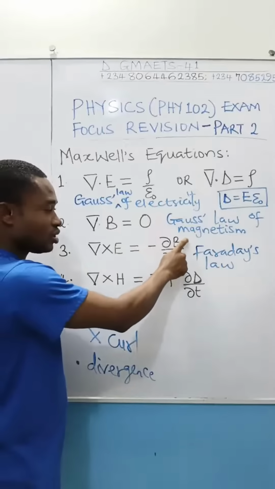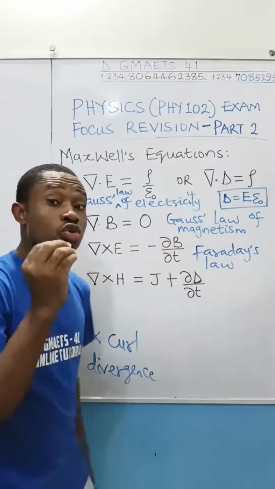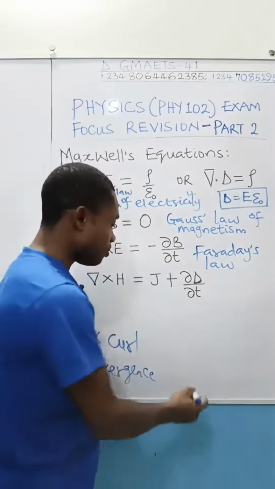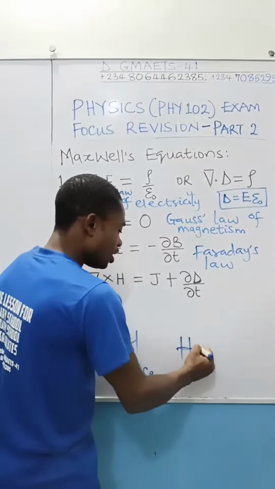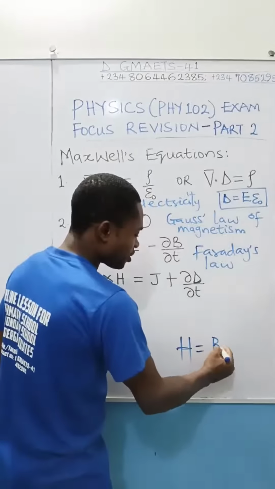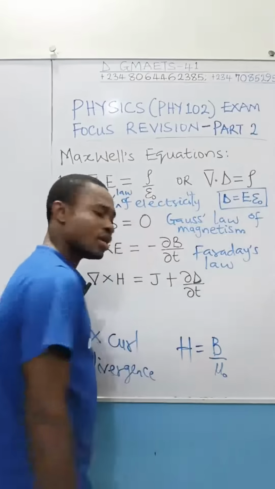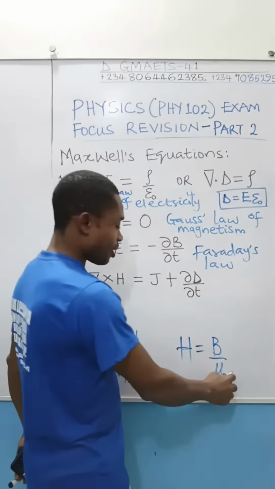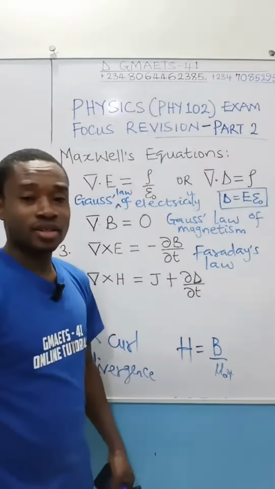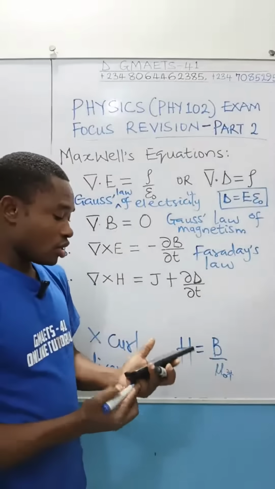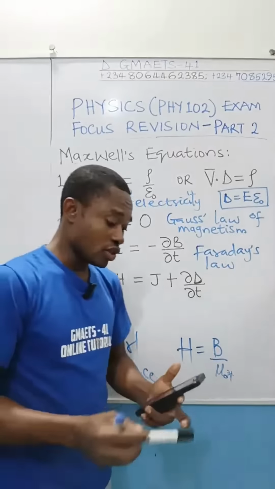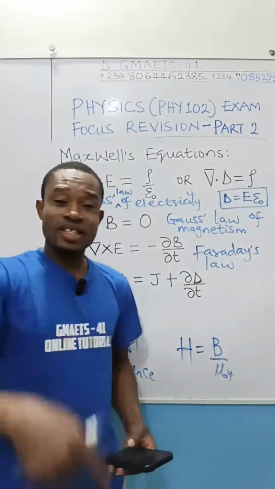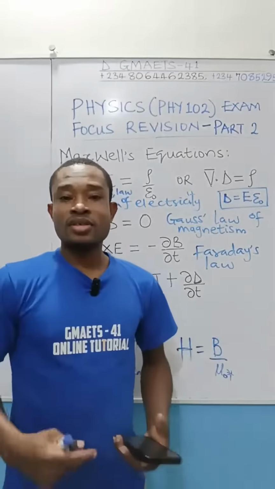It is related to this B through what we call the magnetic permeability. H is equal to B divided by this permeability. And we know that this magnetic permeability is a constant. So that H is still a concept of magnetic flux density.